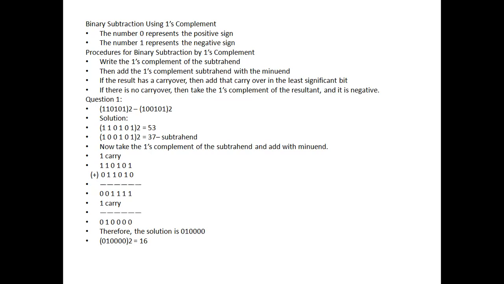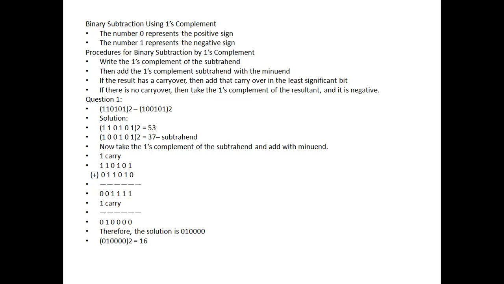Then add the one's complement of the subtrahend to the minuend. If the result generates a carry, then add the carry to the least significant bit. Also, there is another condition: if no carry is generated, then the one's complement of the result is the final result. It may be a negative value.